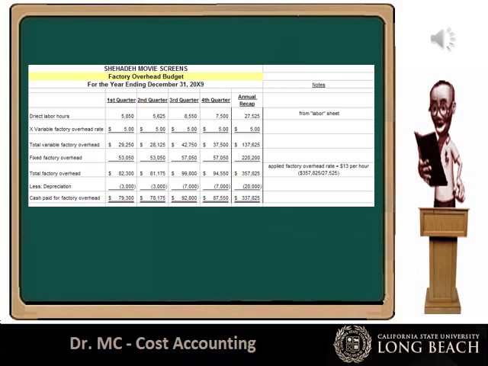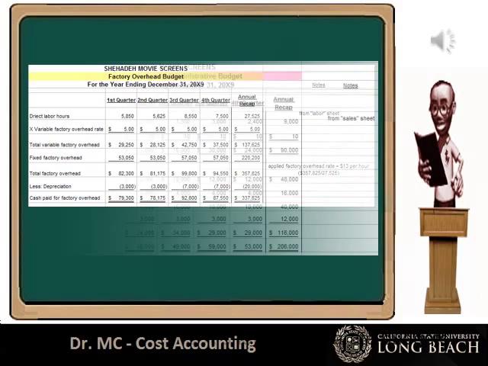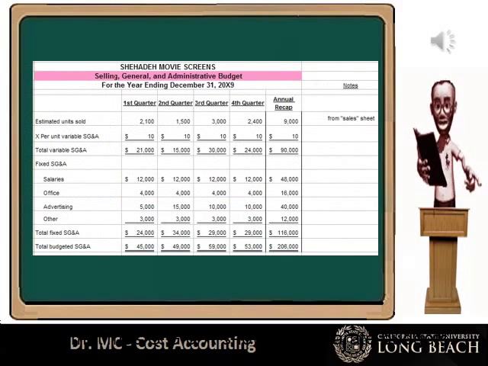Notice that in the notes to the side of the total overhead, you can see the calculation of the predetermined overhead rate for the next year, which is the estimated total overhead of $357,825 divided by the estimated direct labor hours of 27,525. This is the selling, general and administrative budget for your firm.